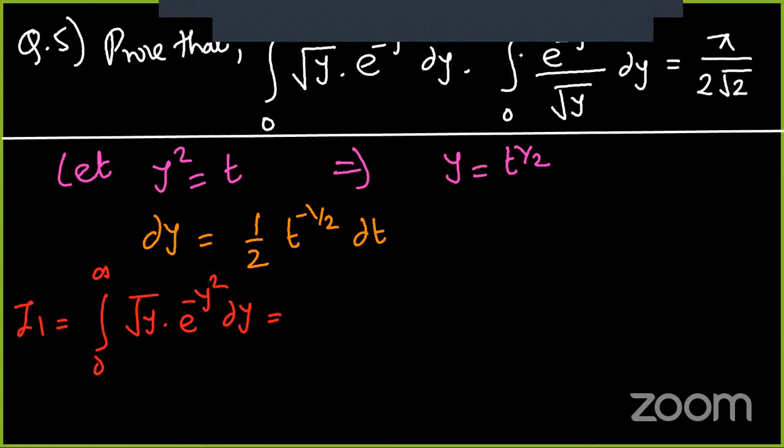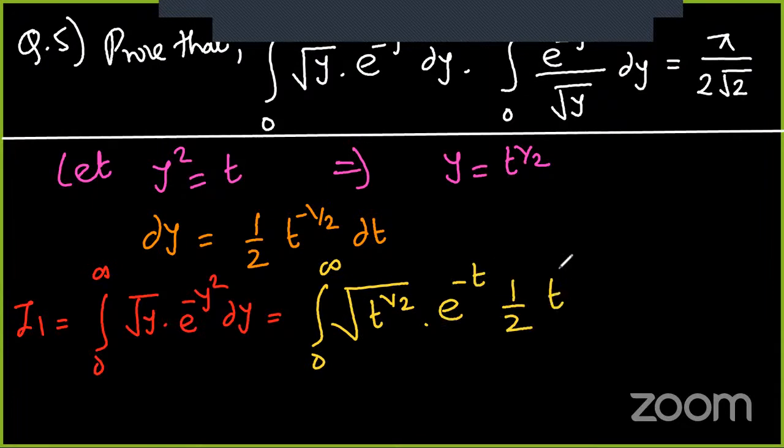So we substitute, and the limits stay 0 to infinity. What is root y? Root y is t raised to 1 by 4, since y is t raised to 1 by 2. And dy is replaced by 1 by 2 t raised to minus half dt. So we get t raised to 1 by 4 and minus half, the 1 by 2 is a constant, and e raised to minus t.